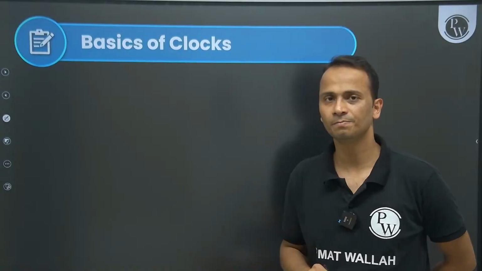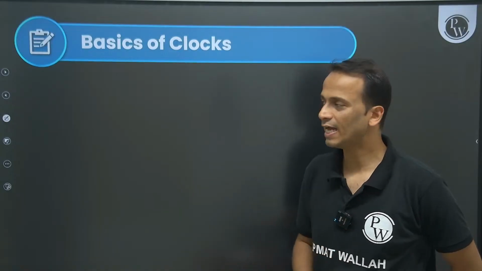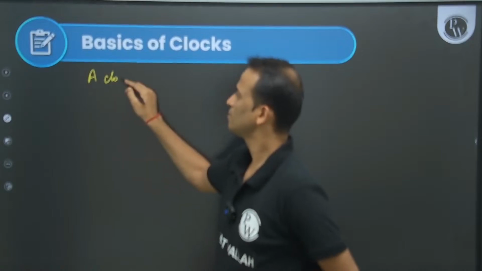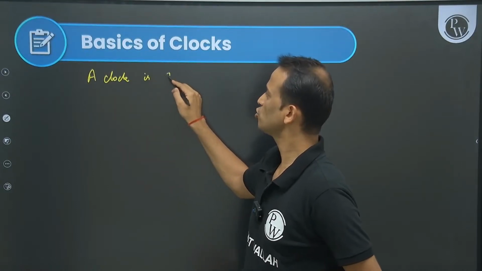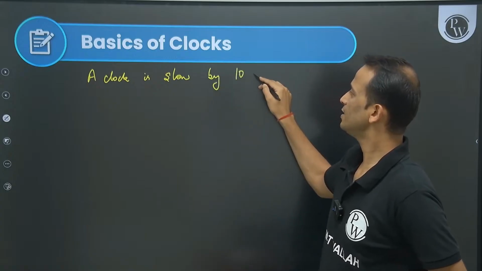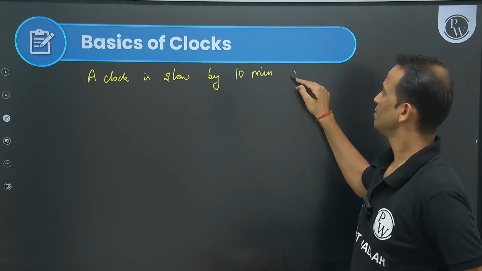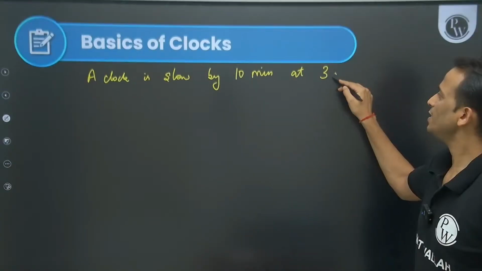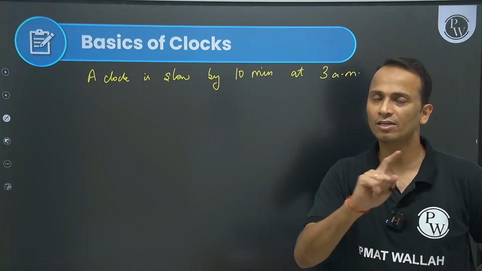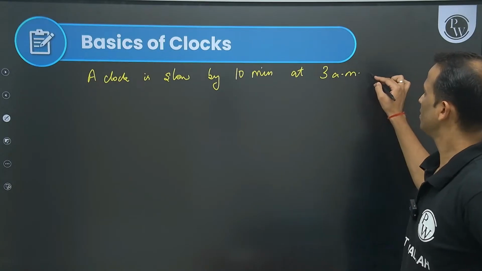Right? Okay. So the question will say that a clock is slow by 10 minutes at 3 am. A clock is slow by 10 minutes at 3 am, right?